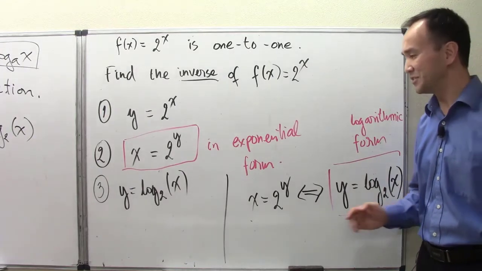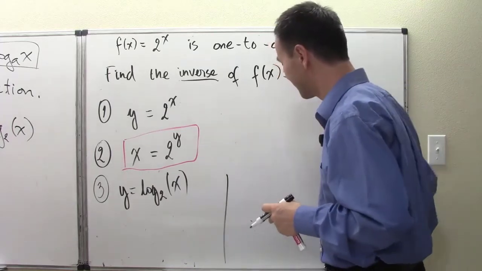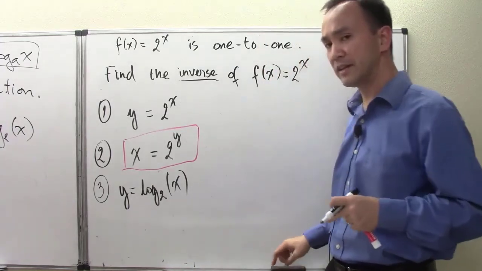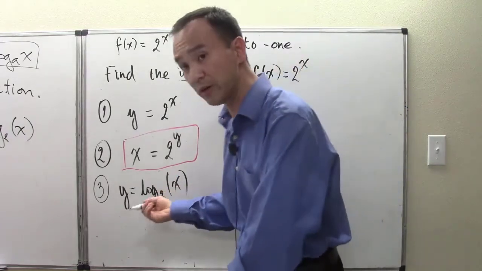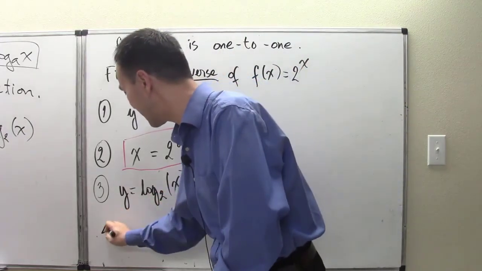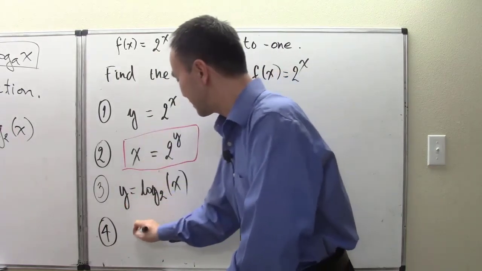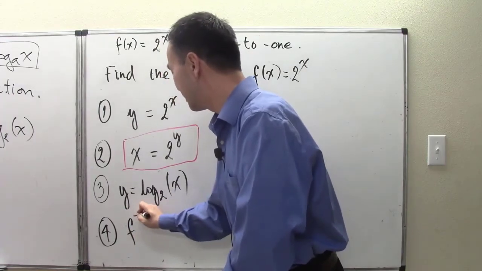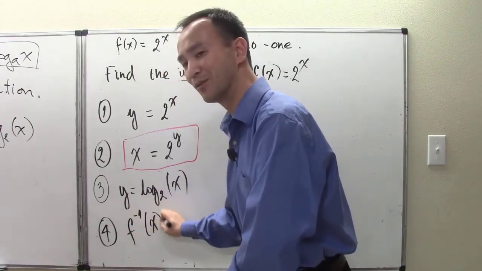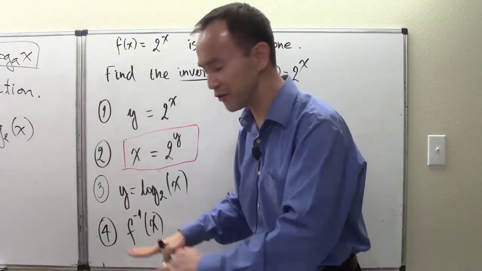So now we're almost done. The last step here is to rewrite. I'm going to call that y value F inverse. It's a symbol I introduced back in the lecture where I generally introduced the inverse function.